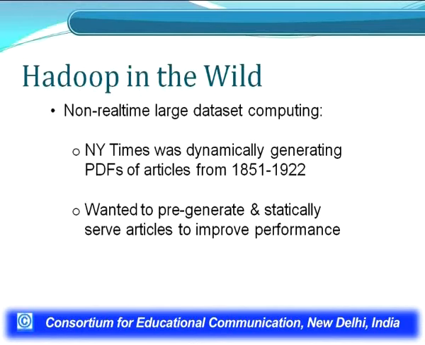Here, the NY Times was dynamically generating PDF articles from 1851 to 1922. They wanted to pre-generate statically served articles to improve performance.